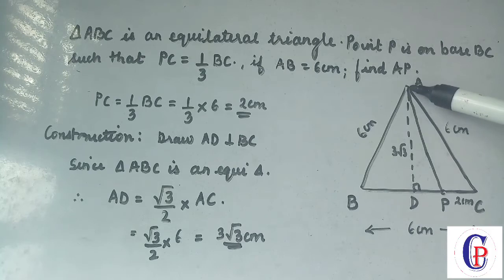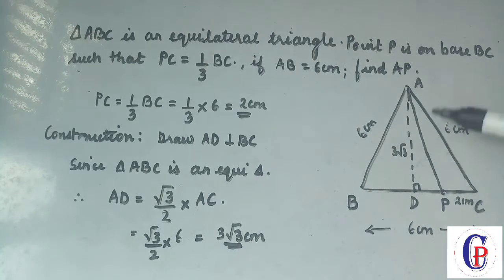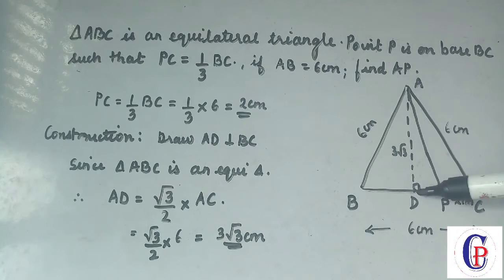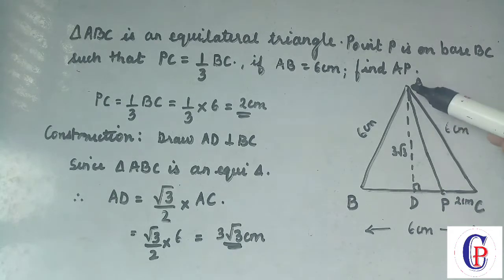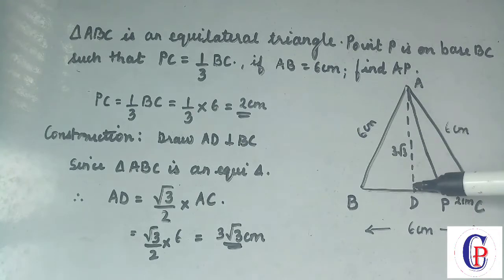Okay, now if you see here that this is AP, this is AD and this is DP. Already we have found AD, if we get to know the value of DP, then we can easily find AP by Pythagoras theorem. Okay, now how do we find this DP? So you can see here that this is a perpendicular.